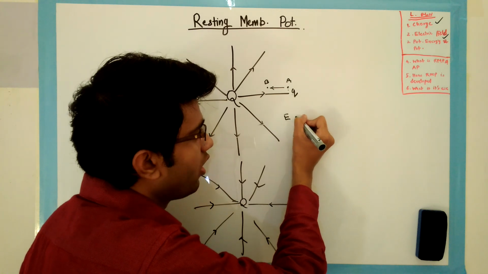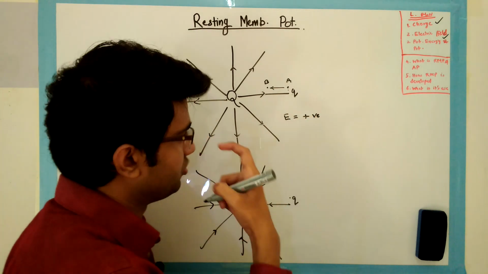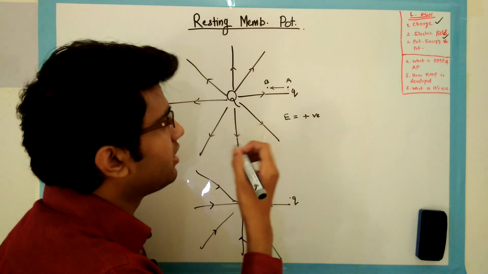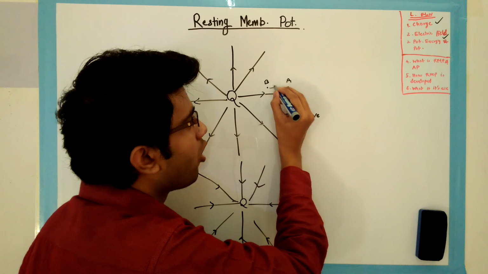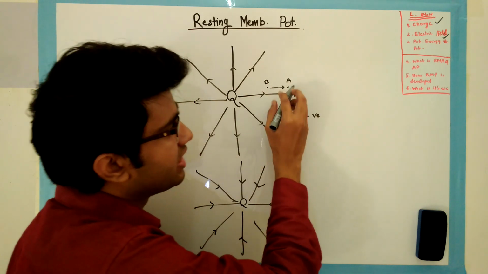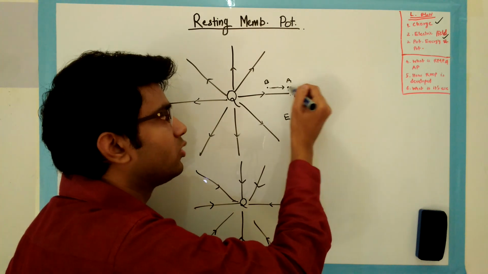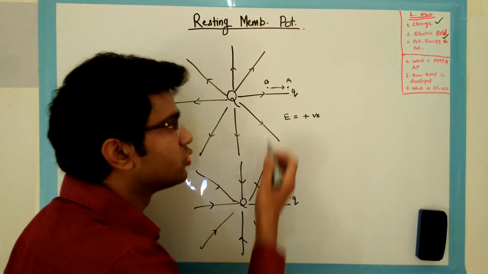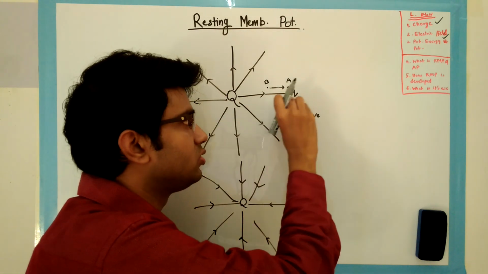So in this case, we give the value of the energy change as positive. On the other hand, if the particle is at B and we have to move it from B to A, in this case, we don't have to push it. Rather, it will automatically go from B to A because of the electric field. So in this case, we don't have to give energy to the charge.